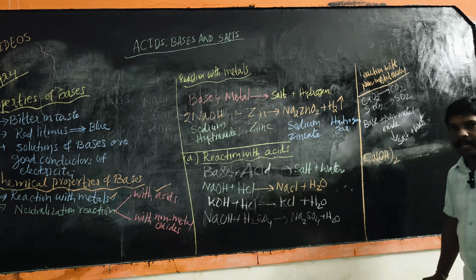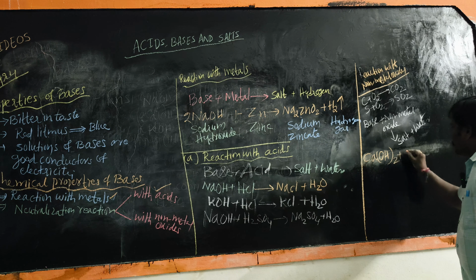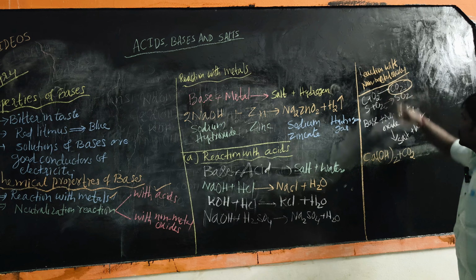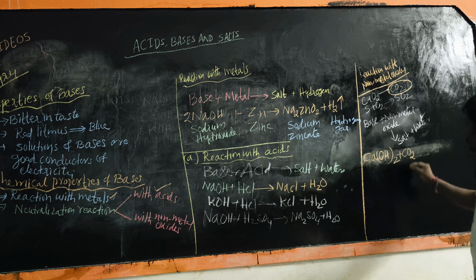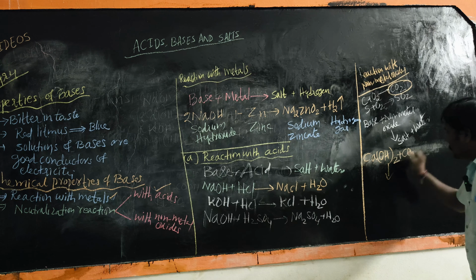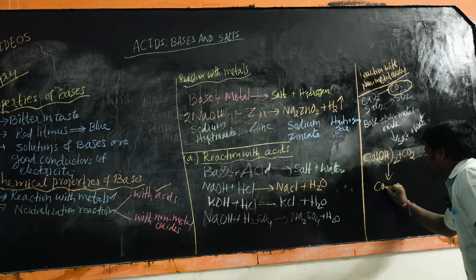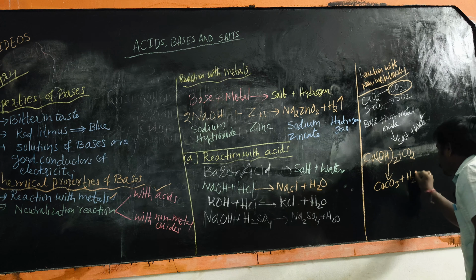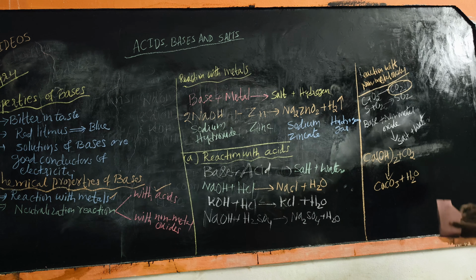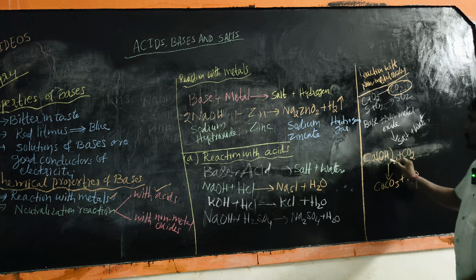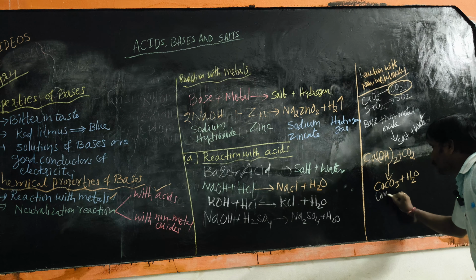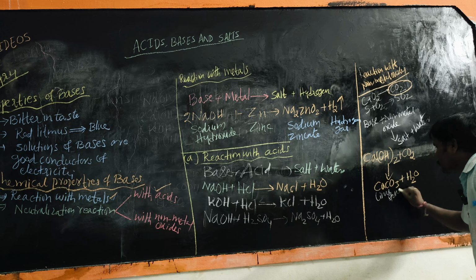Lime water reacts with carbon dioxide, which is a non-metal oxide, and produces calcium carbonate plus water. Calcium carbonate is limestone.